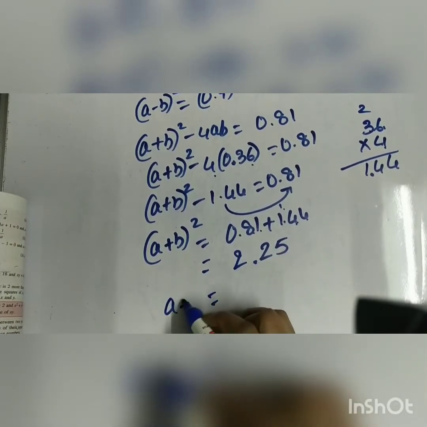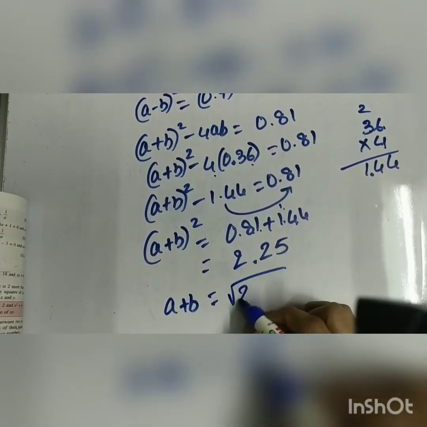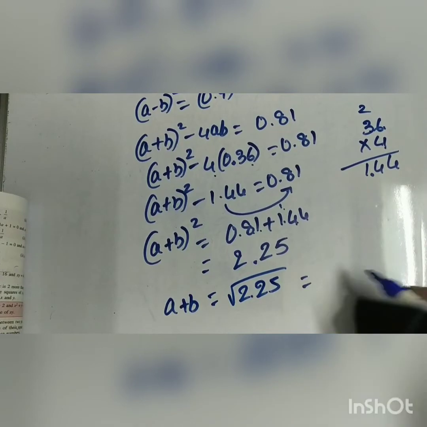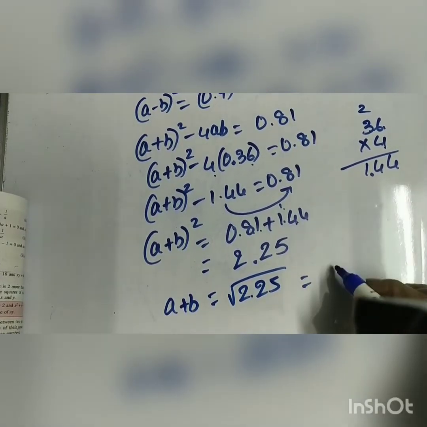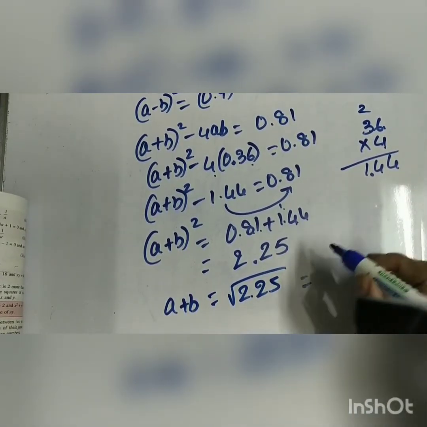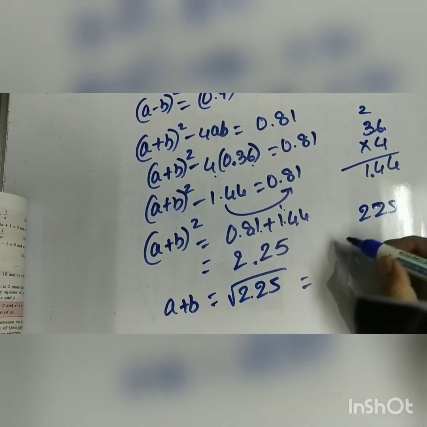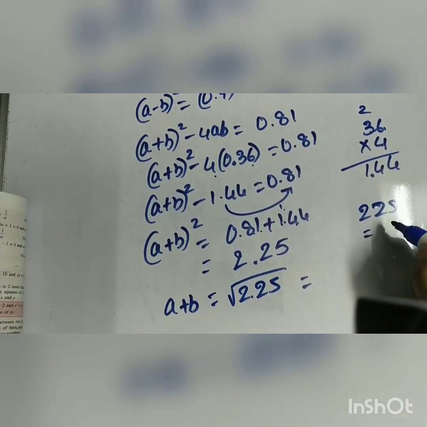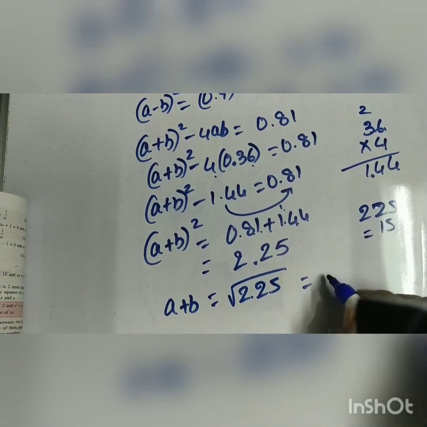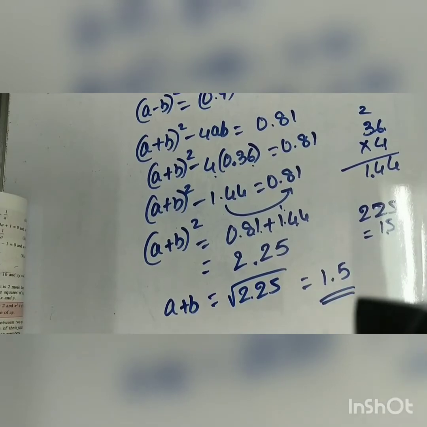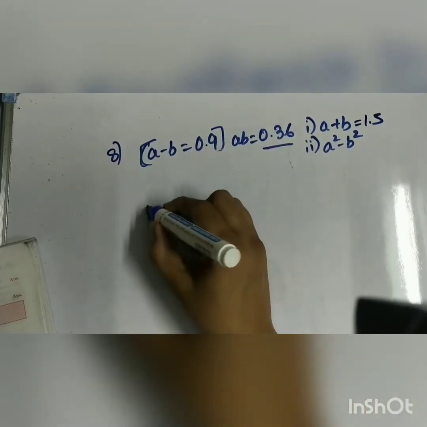So further when I take the square root of 2.25, the answer I am going to get is, let's do 225 first. 225 square root is nothing but 15, right? So the answer for this is 1.5. Final answer. The second part.